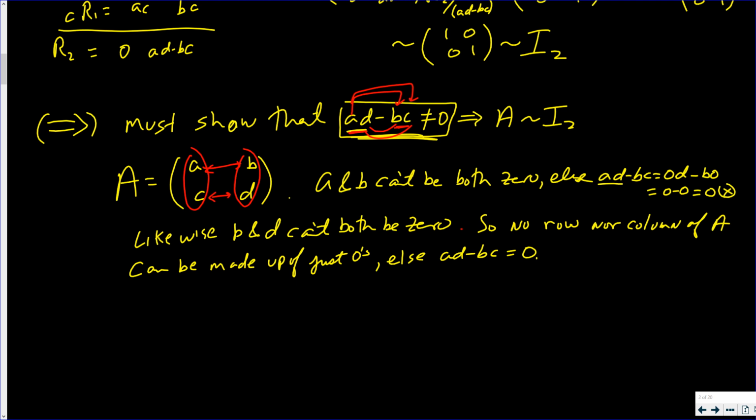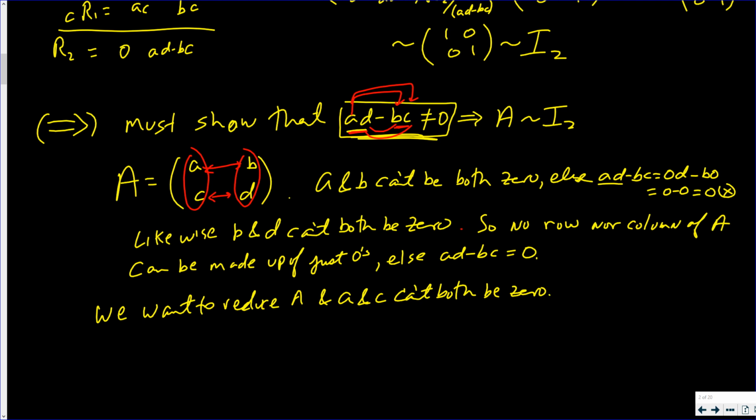Okay, so let us see how this is going to play out. So we want to reduce A, and A and C can't both be 0.